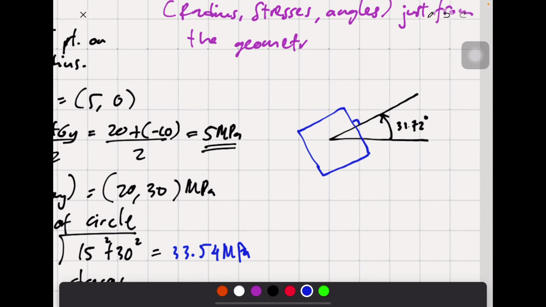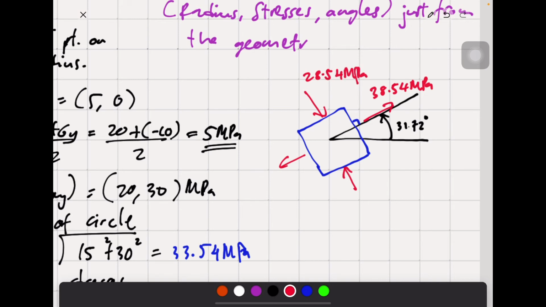And if you're wondering, there are two angles for my answer previously. For this one, I'm going to finish off by labeling principal stress 1 equals 38.54 megapascal, and the compressive, minus stress of 28.54 megapascal.